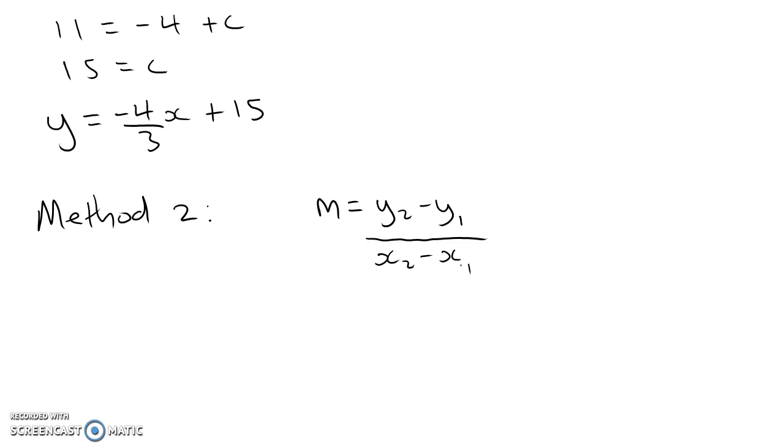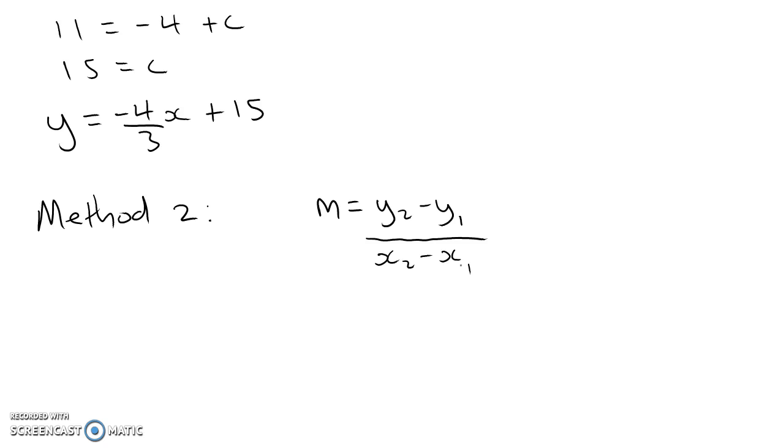Now, the other rule that we'll be using is called the point gradient rule for a straight line. So the previous method used the gradient intercept form of a straight line. This rule here is called the point gradient form.